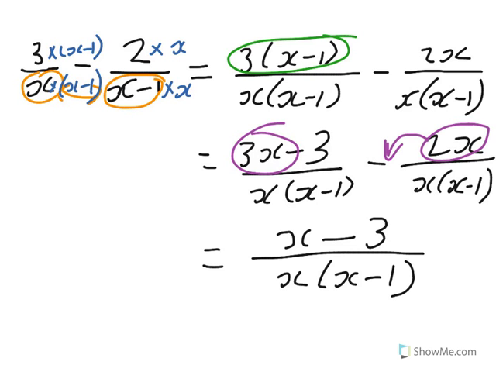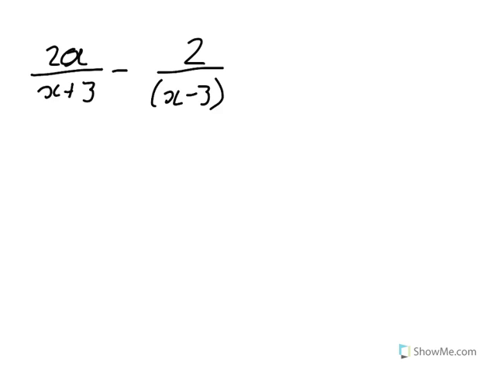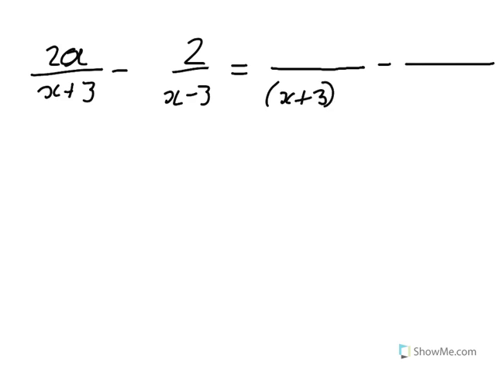Okay, so let's do one that's just a little bit more involved. Here we've got 2a over x plus 3, and from that we're taking 2 over x take 3. As I've mentioned, the easiest thing to do is multiply your two brackets together, and so we have that there.